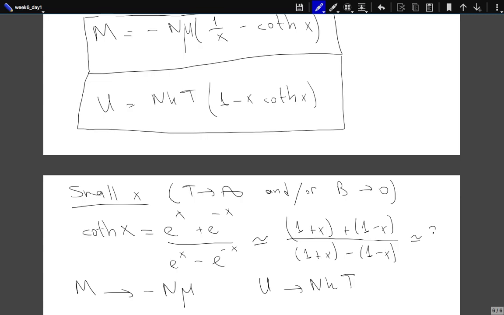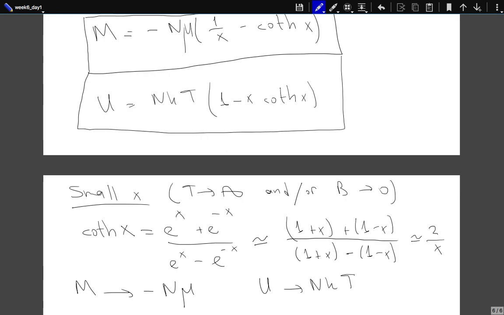So this is 2 over 2x, which is 1 over x. So basically that was what I was wrong. The hyperbolic cotangent is not restricted to the range plus and minus 1. In fact, it is excluded from that range. For large x it starts from 1; as x goes to 0, it increases and diverges. So that was apparently my mistake.